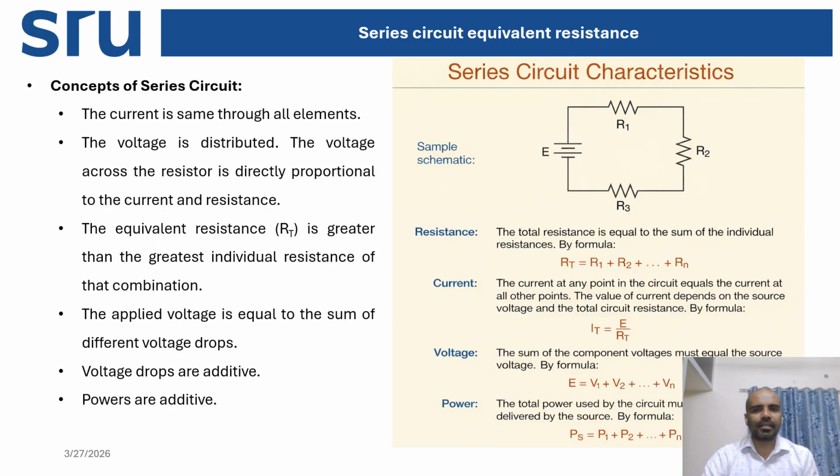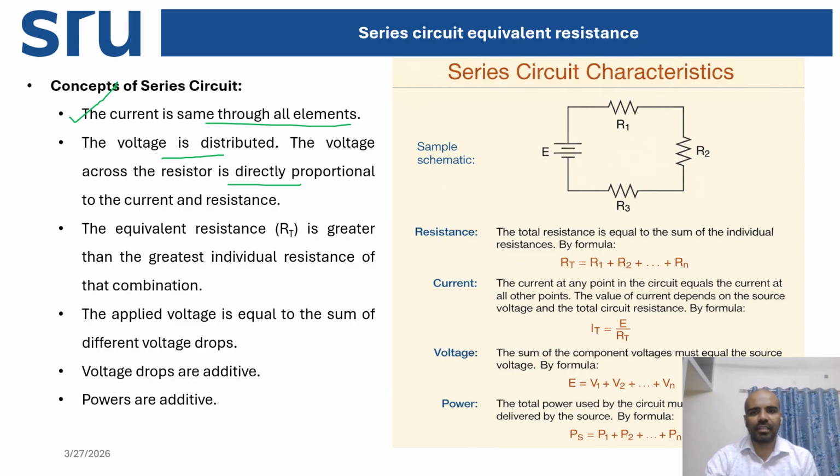Let's discuss some unique properties of the series circuit. In a series circuit, the same amount of current flows through all the circuit elements. The voltage is distributed over all the resistors, giving a voltage drop across each resistor.